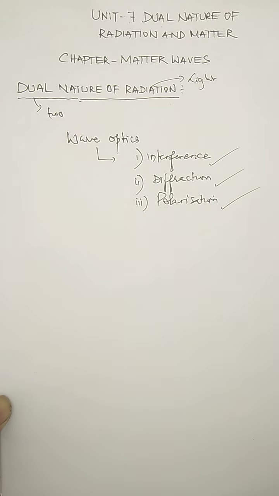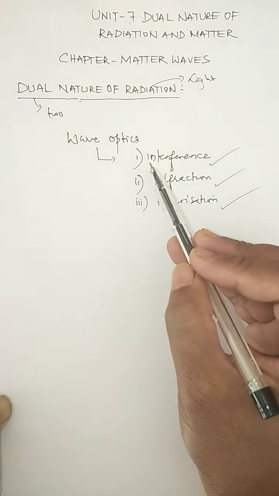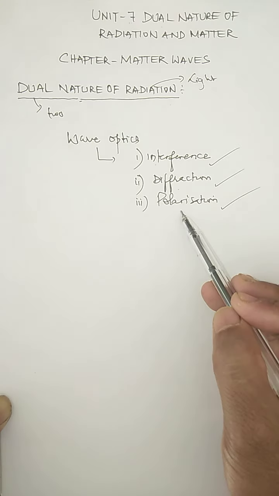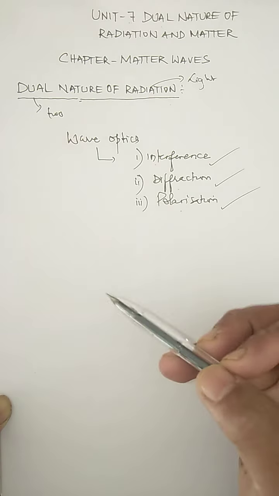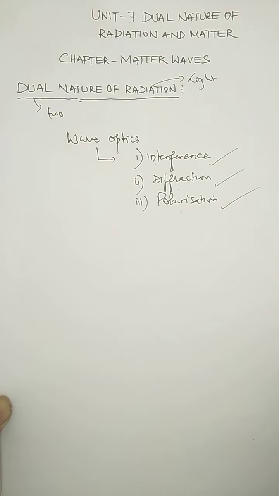Other than reflection and refraction of light, which you know commonly, phenomena like interference, diffraction and polarization were successfully explained on the basis of the wave nature of radiation, showing that light from a source can travel in the form of a wave. You also know that light waves are what waves? Electromagnetic waves.